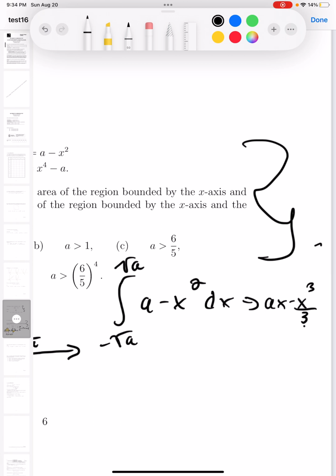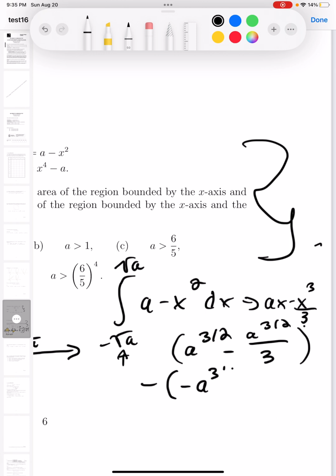So I'll get a to the 3 over 2 here, and then a to the 3 over 2 over 3. That's the first quantity, and then I'm going to subtract and plug in negative root a. I'm going to get minus negative a to the 3 over 2, plus a to the 3 over 2 over 3.